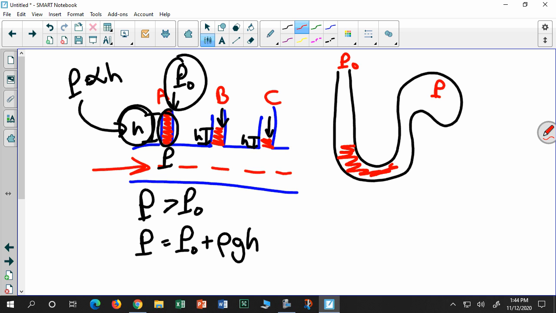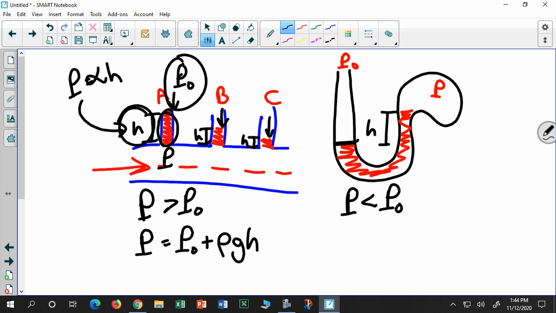Say that my fluid levels are relatively like this. That means that I have a height of that column right there. And so the first question is just which is bigger. One's bigger than the other. And the one that's bigger is always going to be the one that's on the lower level. So here, P is less than P naught.